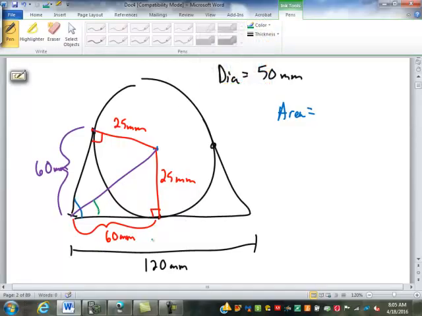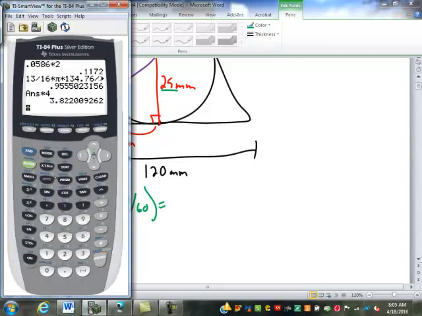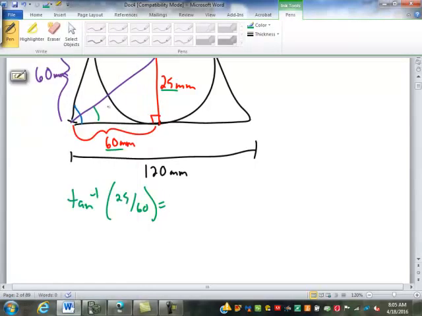This angle right here is going to be the inverse tangent of what? Opposite over adjacent. 25 over 60. .62 degrees.